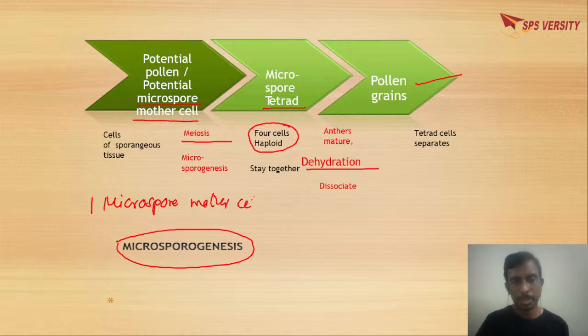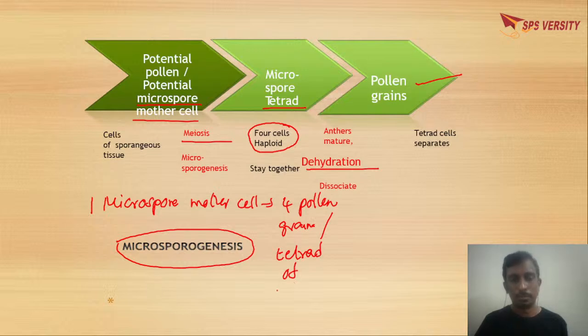So from one microspore mother cell, 4 pollen grains are formed. You can write the same thing like 1 tetrad of microspore is formed. As meiosis takes place in the microspore mother cell, 4 pollen grains are formed.